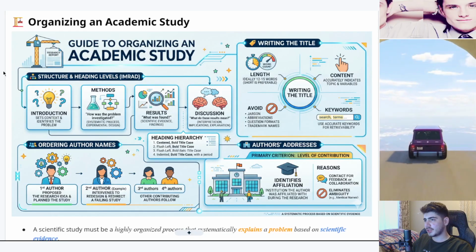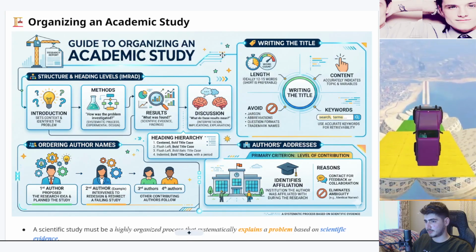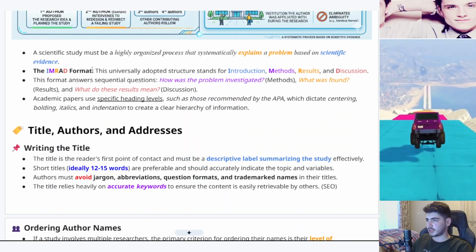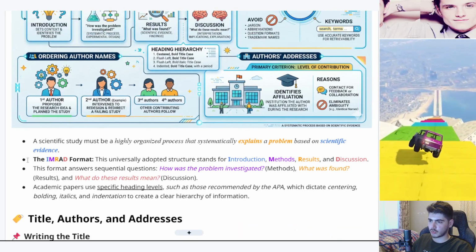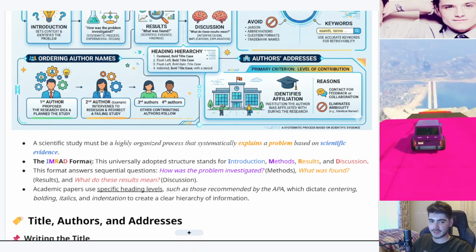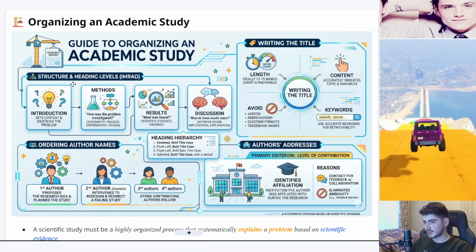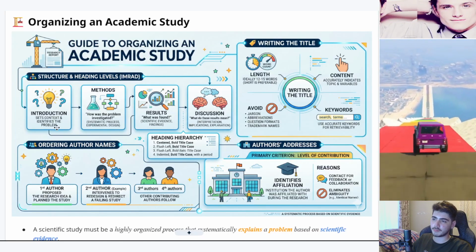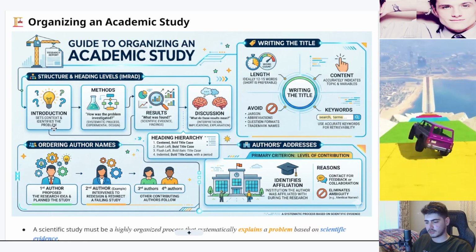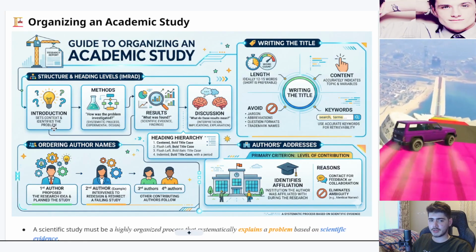So, when we are organizing our academic study, we are going to be using the IMRA format or the IMRAD format, as they call it, which has introductions, which set the context and identify the problem. What are you actually trying to research?